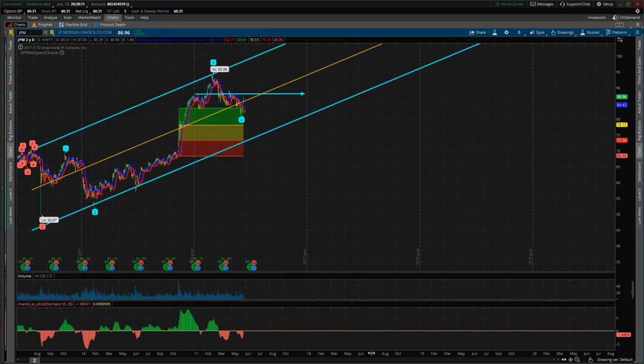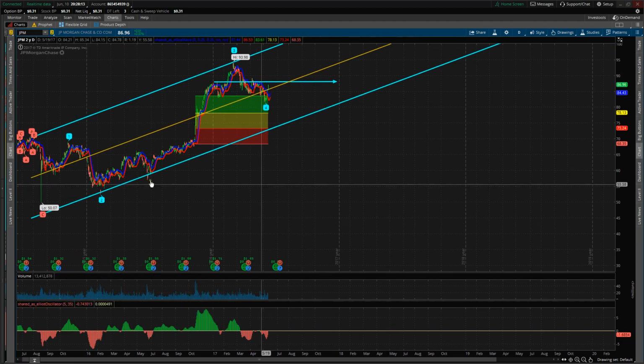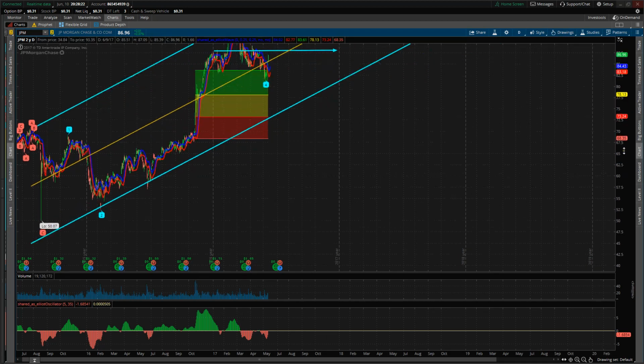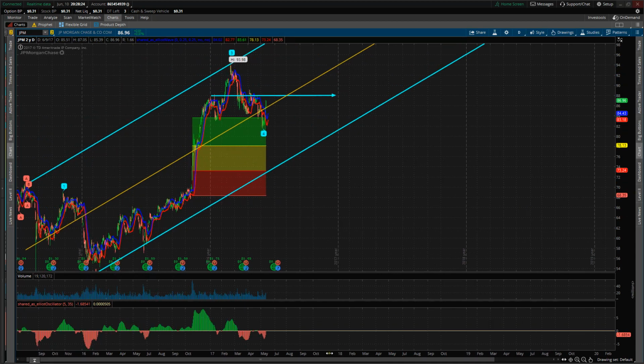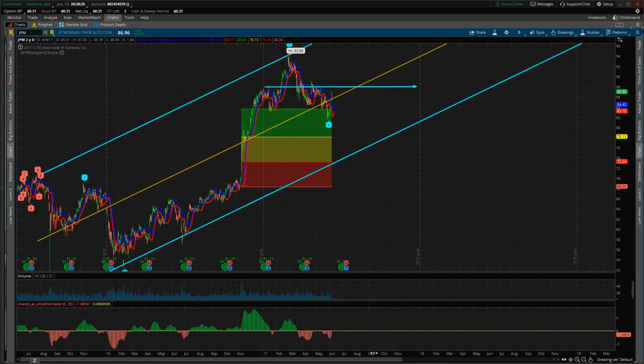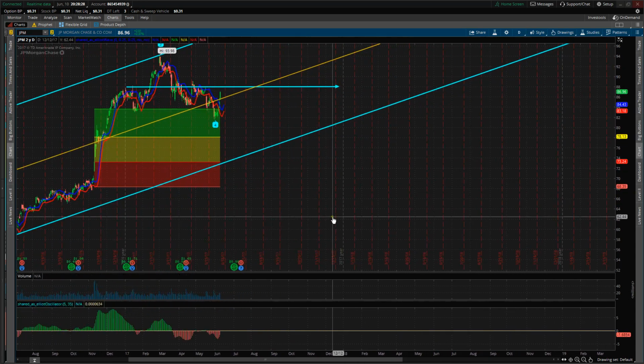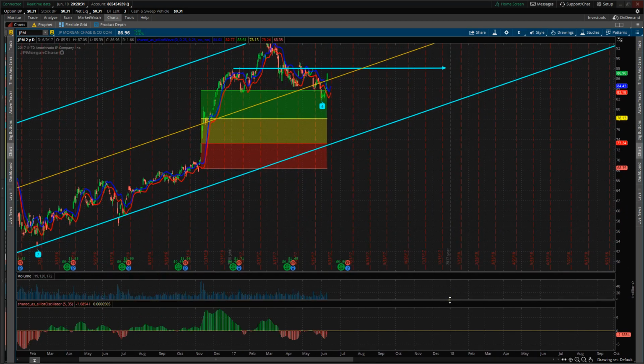So as you can see on the daily, it's respected this weekly channel. We've had the low, the 1, the 2, the 3, the 4. Okay. Let's zoom in. Let's measure the 535 oscillator.